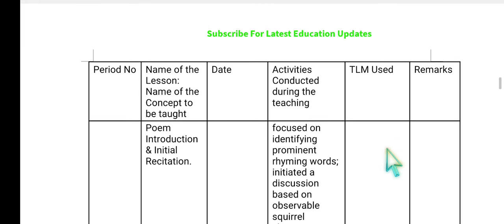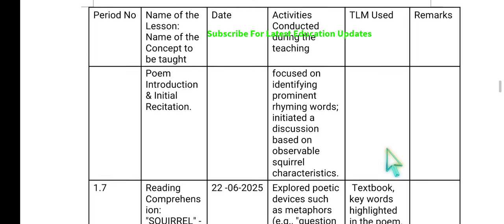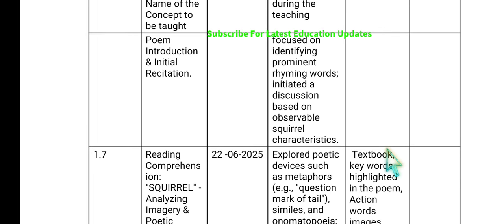It is there in the textbook, but if you want to draw their attention, you can employ animated squirrels. Focus on the rhyming words based on the characteristics of the squirrel: playful attitude and playing with humans near the house or any garden area.